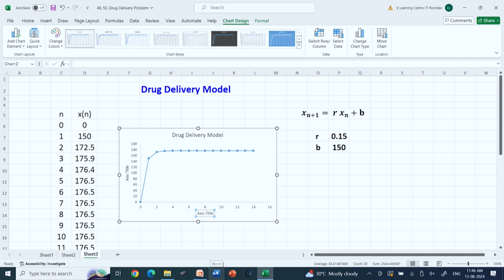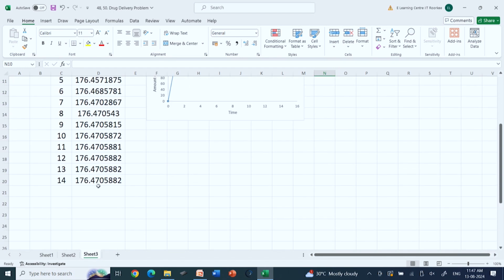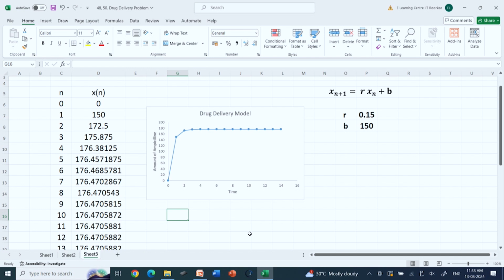This is the time and this is the amount of ampicillin. So, as you can see, this value over time reaches the value 176.47, which matches with our analytical result.